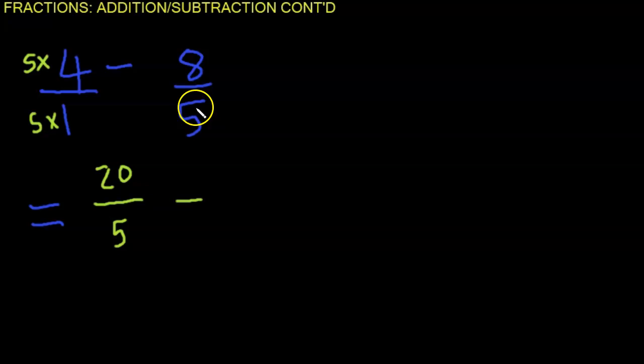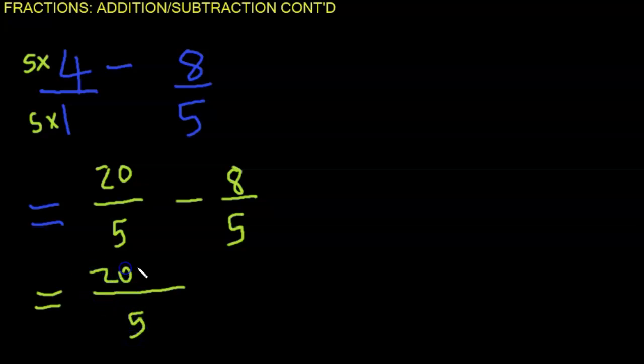Now for this one, the denominator is already 5, so we are okay there. I don't need to trouble it. So 4 over 1 becomes 20 over 5. And by the way, just observe, what's 20 divided by 5? It's 4. But we conveniently write the 4 as 20 divided by 5 because we need it to have the same denominator as 8 over 5, so that we can go ahead and subtract the numerators.